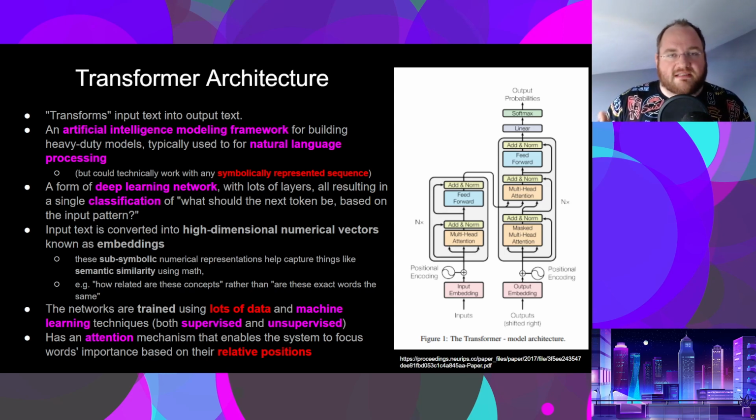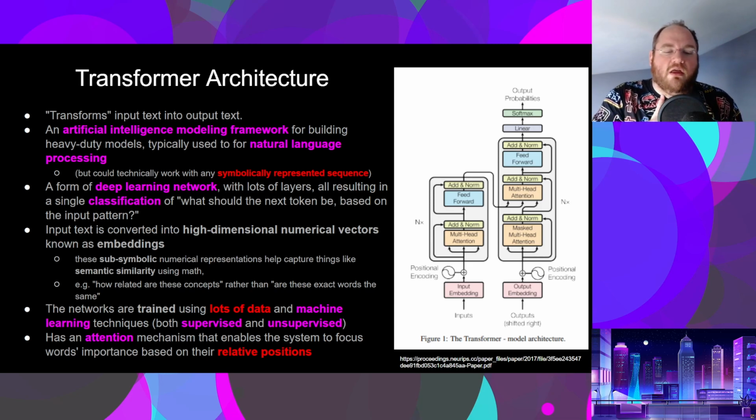How that works, oh buddy, long, deep dive, not today. But essentially what it's doing is allowing us to run mathematical processes to ask things like, how related are two concepts? And rather than asking, are these words the same, right?